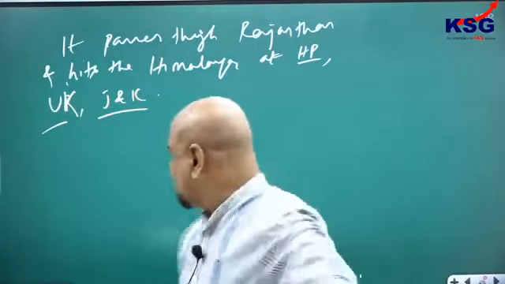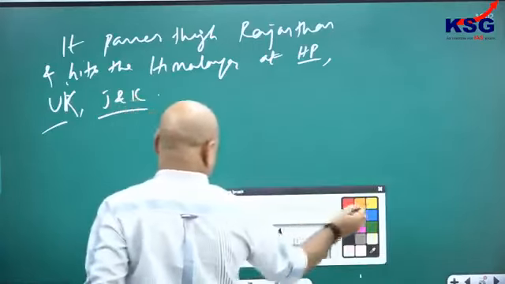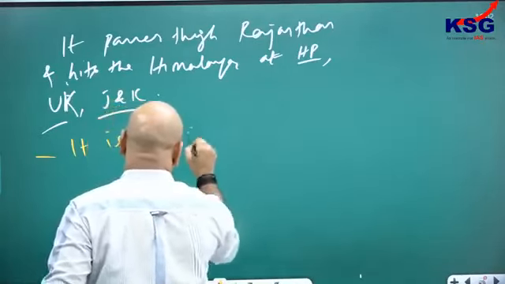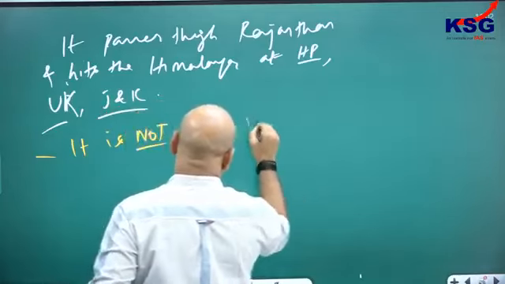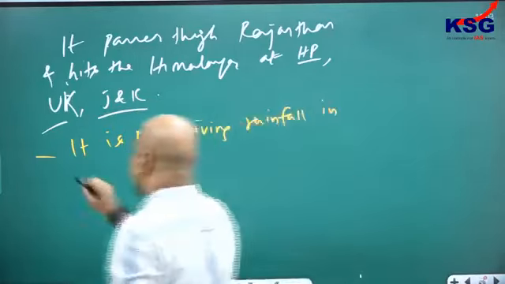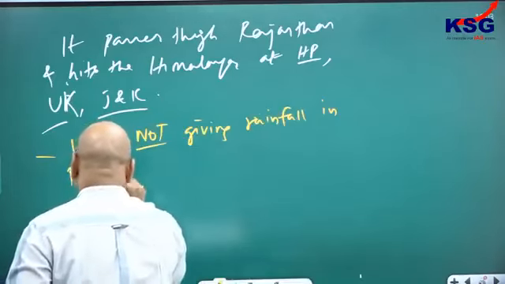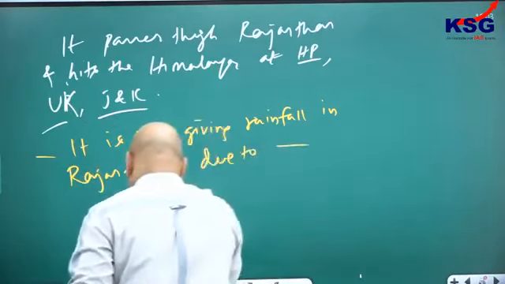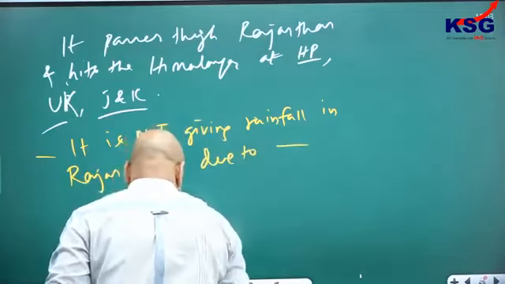First point is, please note down, this is very, very important. It is not giving rainfall in Rajasthan due to, number one cause है, पहला cause क्या है?